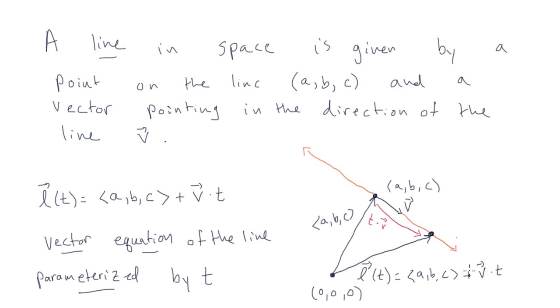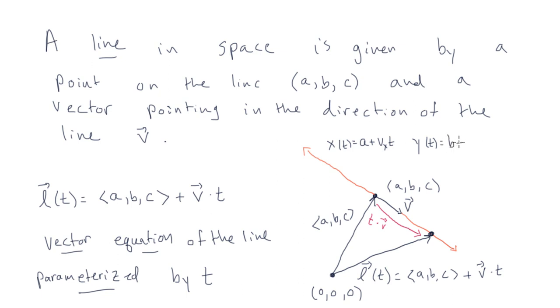And it also leads to what's called the parametric equations of the line. So I can just write the x component as a plus the x component of the direction times t. And then y, so I'm just actually writing out what the components are as a function of t.